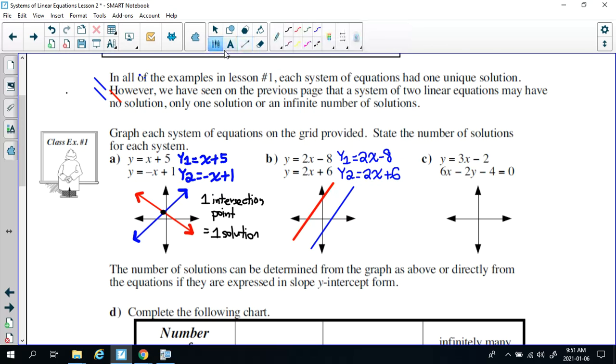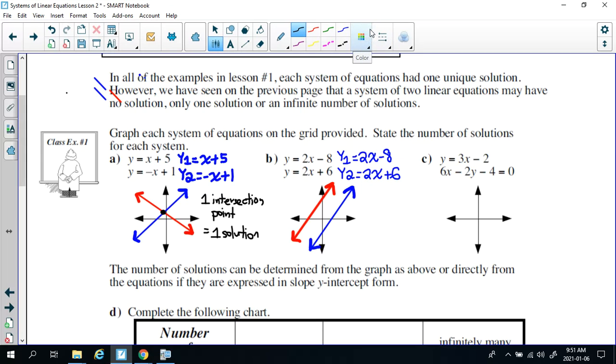Again, we can add those arrows at the end just to show the graph keeps going. Now, it turns out these two lines will never actually touch each other.